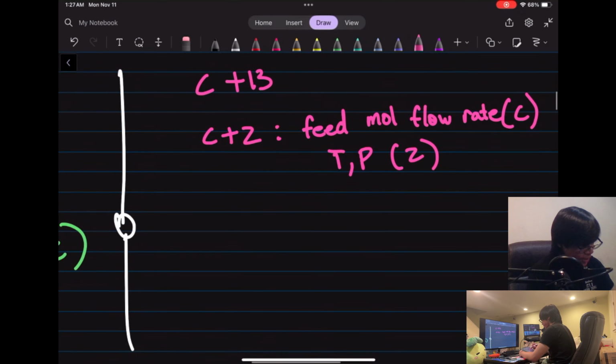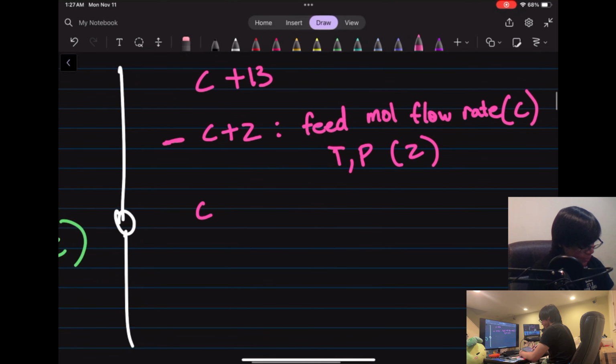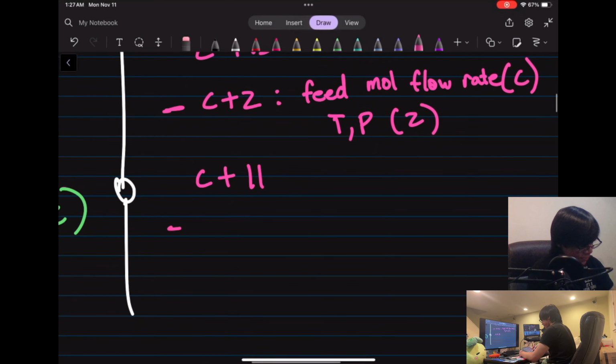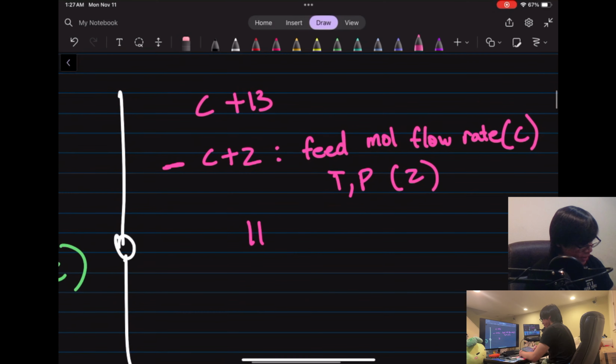C plus 2 gets us down to C plus 11. What do we have next? Honestly, I think I can do this all at once. I wrote C again, going crazy. Okay. Yeah, it's 11.